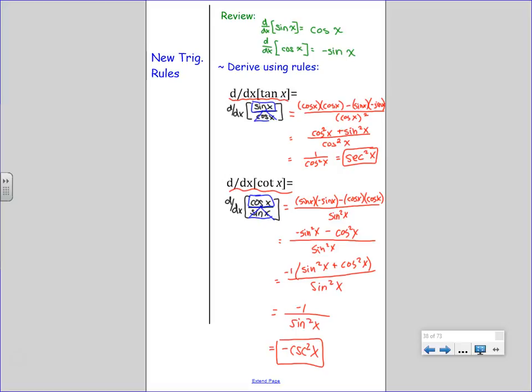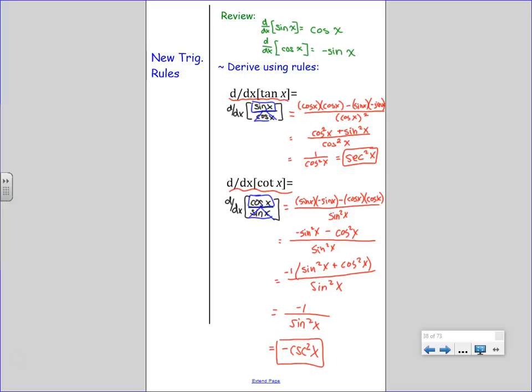Tangent goes with secant squared. Cotangent's derivative is negative cosecant squared. And if you remember an old Pythagorean property from last year, tangent and secant were related back then, and cotangent and cosecant were related too. But we have to memorize the whole squared thing, and one is negative and one is positive. There's no way to remember.